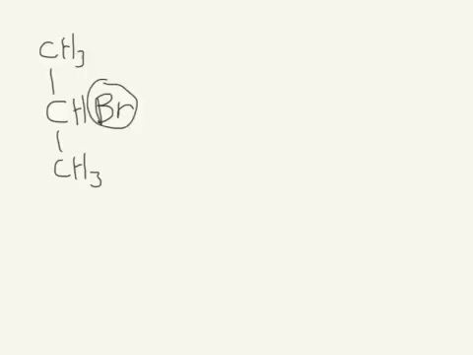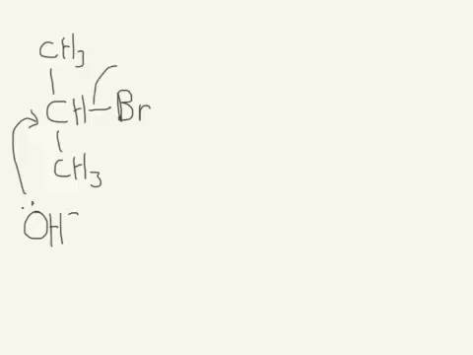I just want to start with a little review about what we saw at the end of Organic Chemistry 1. We saw SN1 and SN2 reactions, where a halogen is replaced by something else, say an OH-. And this could happen all in one step, which would be an SN2 reaction.